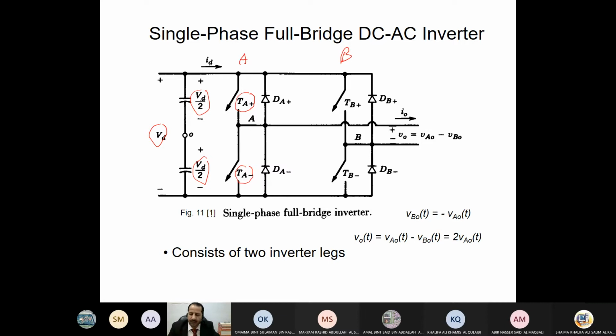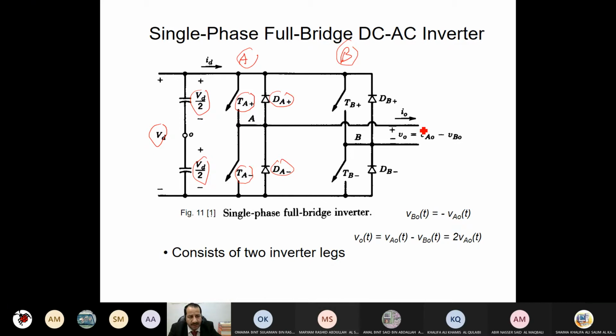We also connect anti-parallel diodes, freewheeling diodes. As you remember, we put them to make another path for the current to flow through when its direction is reversed. We duplicate this leg and add another leg, which we call leg B. It has the same thing, switches connected anti-parallel with diodes.